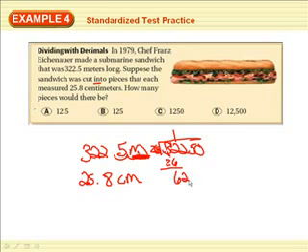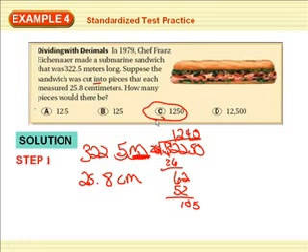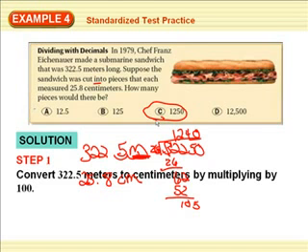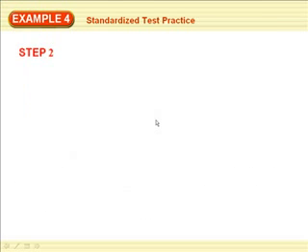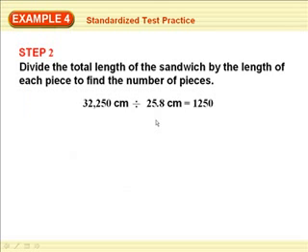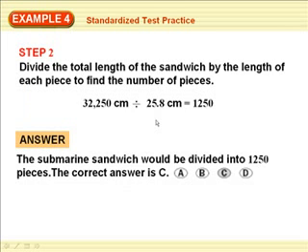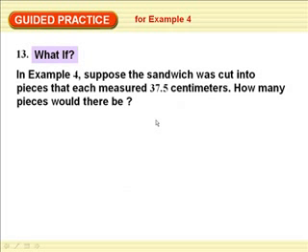I get 6, bring down the 2. 25 goes into 62 about twice, which is about 52. 10, bring down the 5. It goes in there about 4 times, and then that other 0. I don't have to do the whole thing. Let's see about what that came out to be. Hopefully I'm right. Ooh, I don't know if I'm right. Well, it is. Look at that. Whew. 1250, the pressure was on.